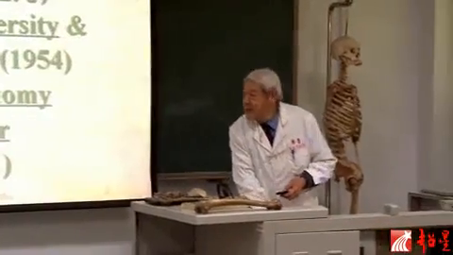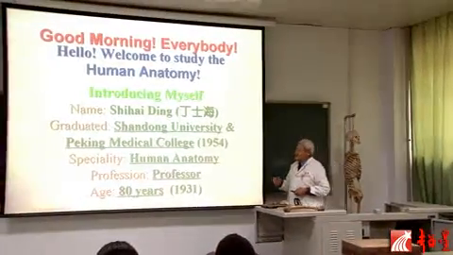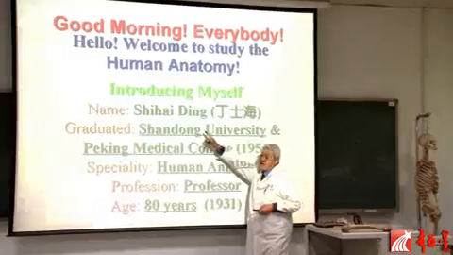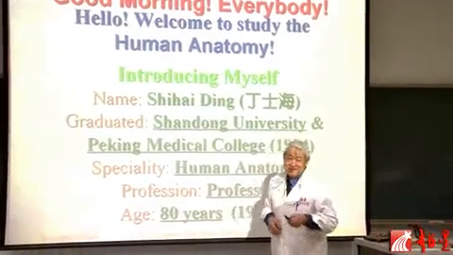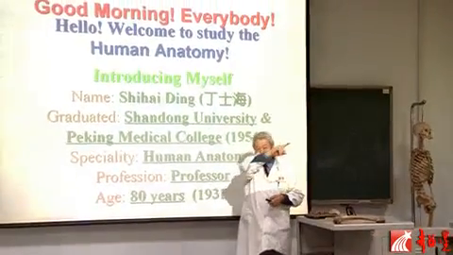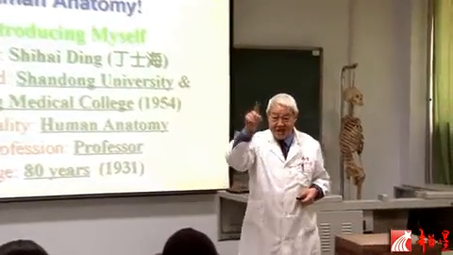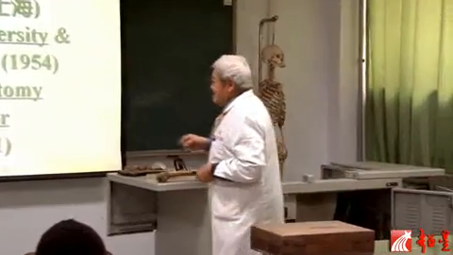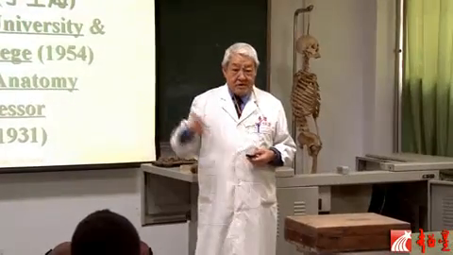Firstly, allow me to introduce myself. My name is Shihai Ding. The surname Ding is very simple in Chinese, only two strokes, just like the English capital letter J. I graduated from Shandong University.